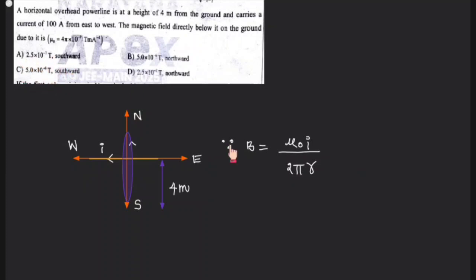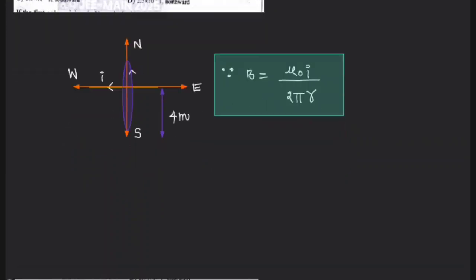Just do the calculation. So maybe the answer should be one of these, maybe A, right? Check it once, do the calculations. The direction is towards the south, that is clear. And just substitute the values here, mu naught I by 2 pi r, then you will get the answer for that, right?